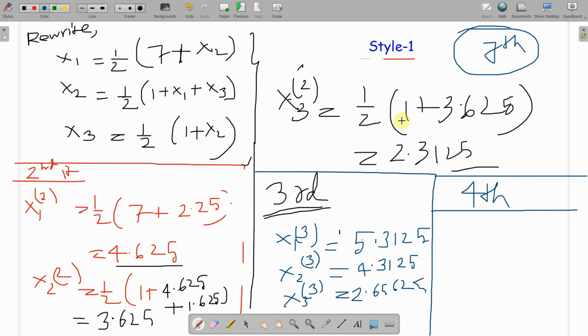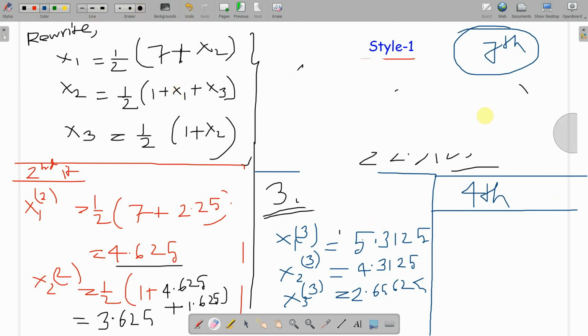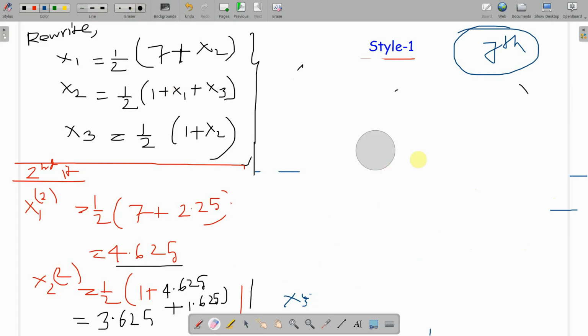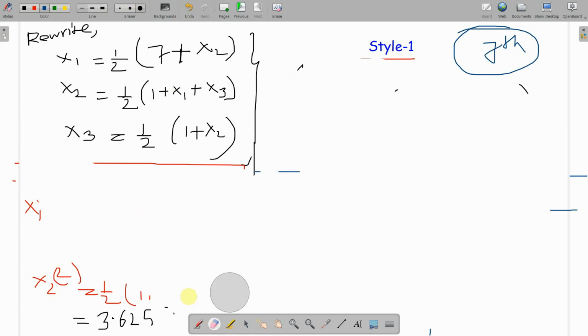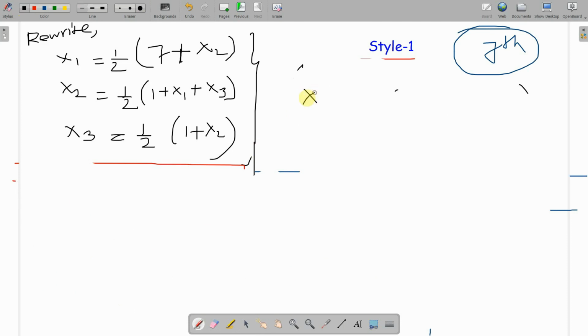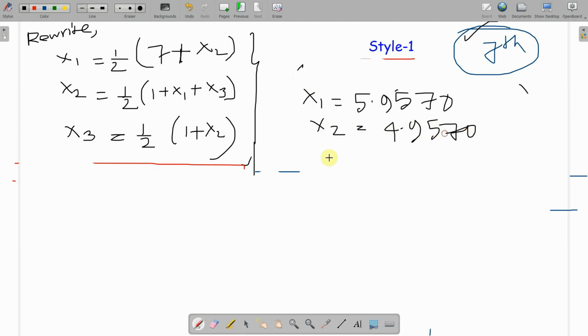Okay, so the result will be x1 equals 5.9570 after the 7th iteration. x2 equals 4.9570, and x3 will be around 2.9785.